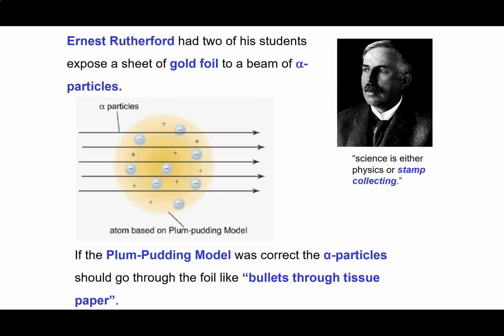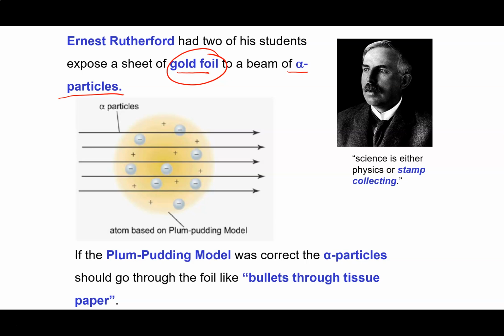What he asked his students to do was to take a gold foil. The reason he chose gold foil was because you can hammer gold until it's just a few atoms thick, and then expose it to a beam of alpha particles emitted from a radioactive element.